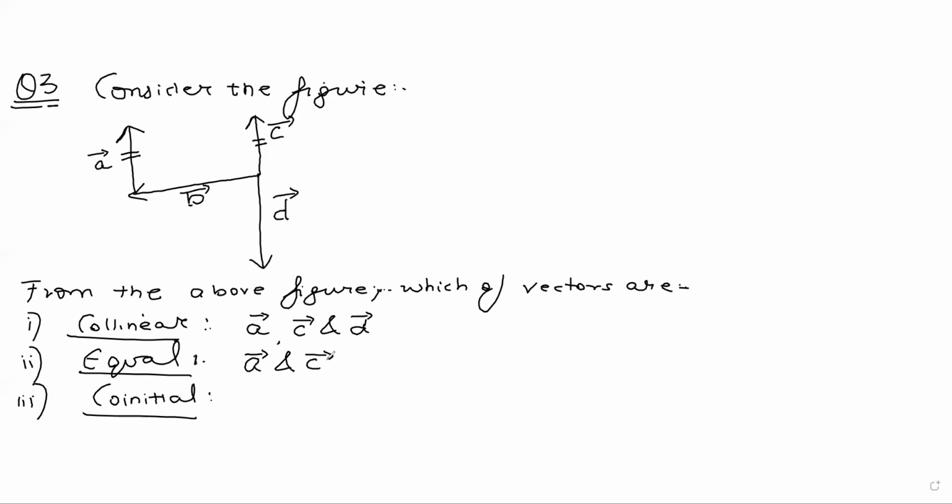And co-initial vectors, there are three co-initial vectors: B, C, and D. Because all these three vectors are starting from the same red point, hence they are called co-initial vectors.